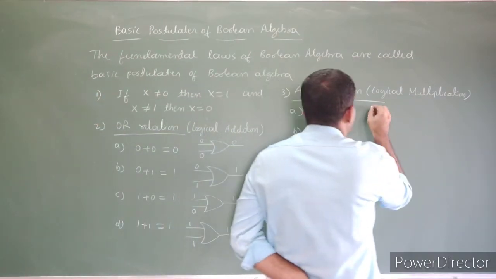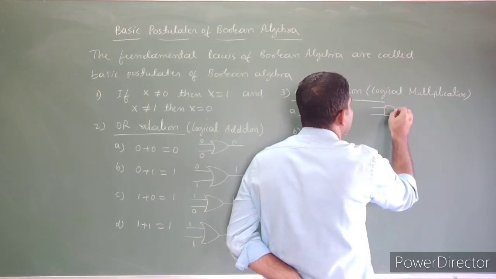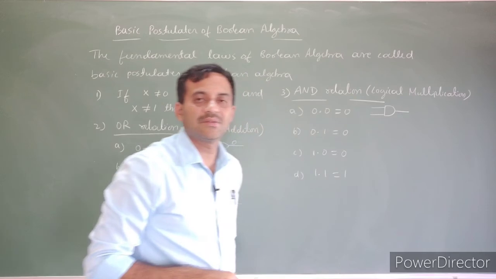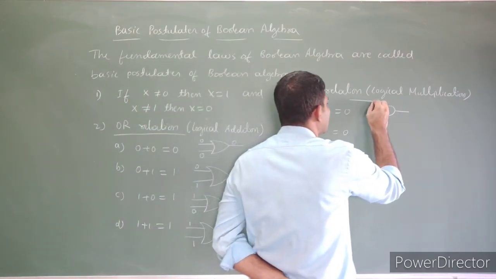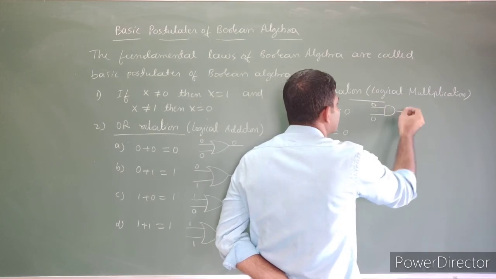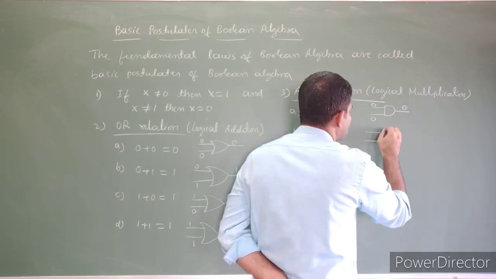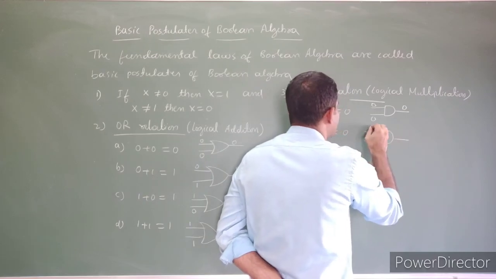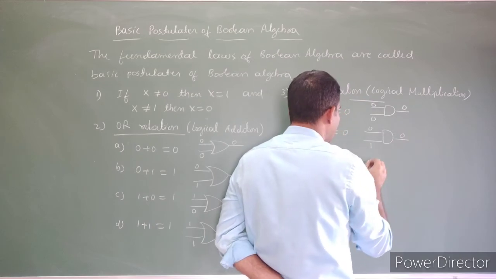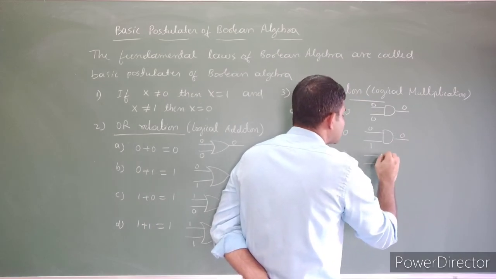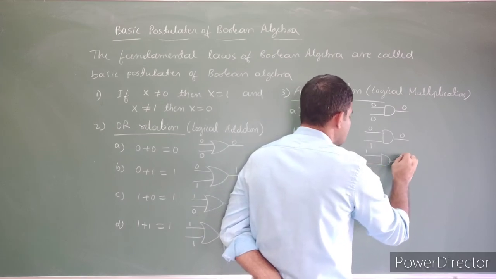Then see the first one. Already we know the logic gate of AND. This is the symbol for the logic gate AND. It accepts 2 or more inputs. Here inputs are 0 0, so output is 0. Next, one input is 0, another one is 1. In logical multiplication, output is 0. Third one, first input is 1, second is 0, so output is 0.